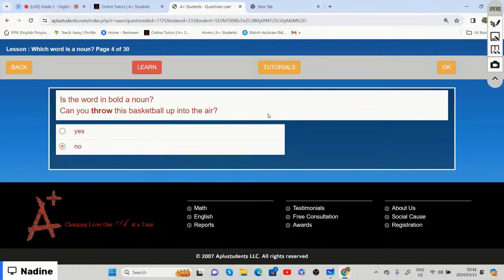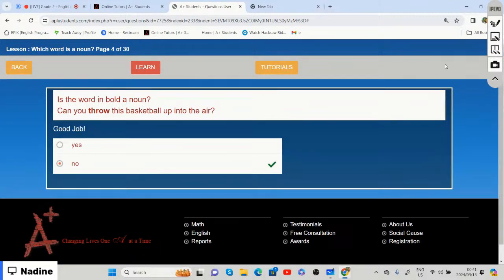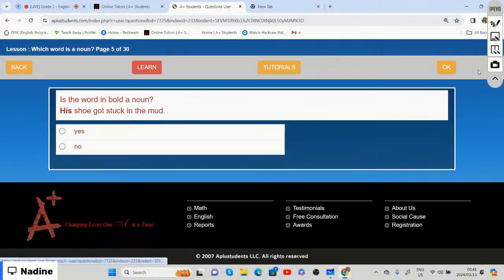So throw is basically not a noun. All right, so now we're going on. So no, it is not, because remember, throw is an action that is being performed by someone.